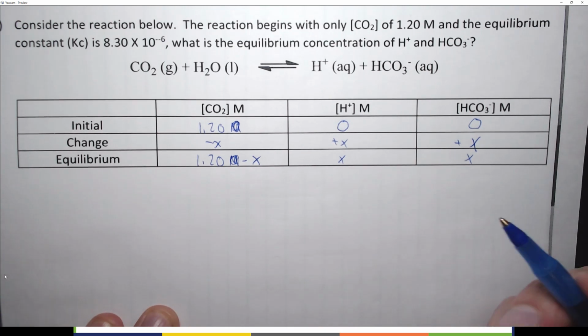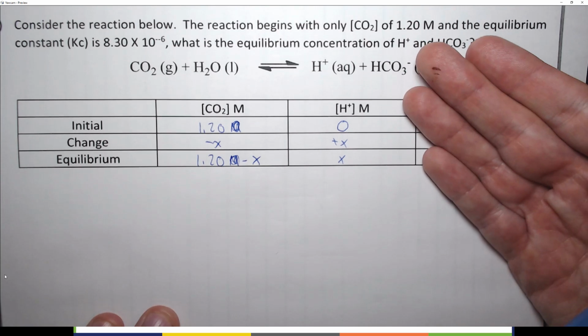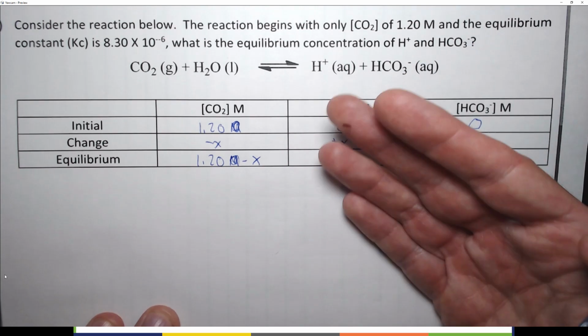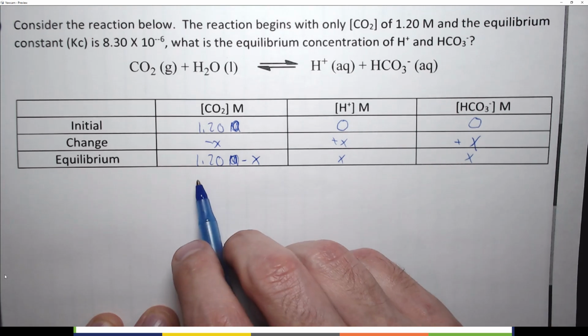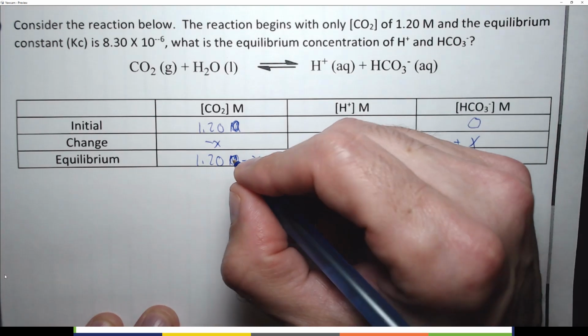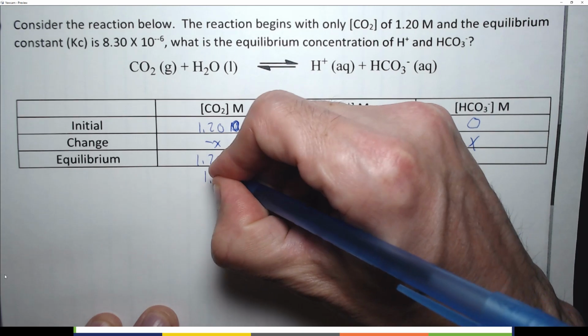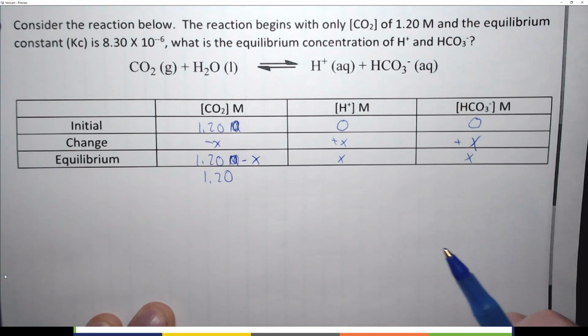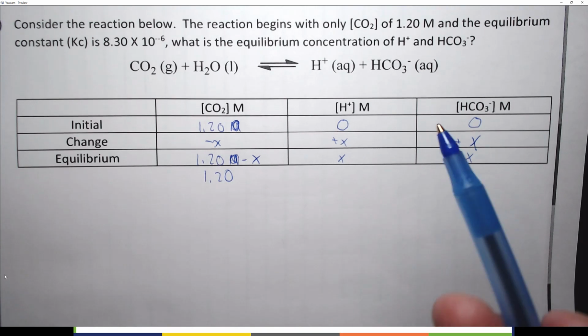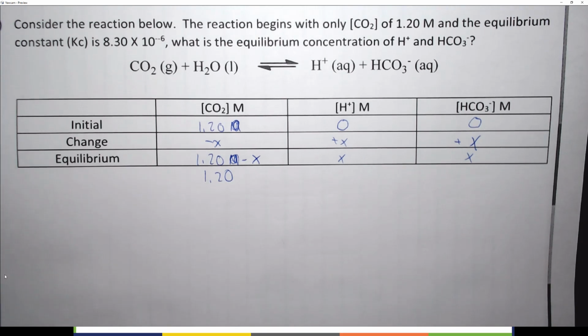To simplify the math, this is already an important thing to learn, and this applies to many other chapters, and I'd rather focus on this than on relearning the quadratic equation. So I'm just going to call this 1.20, and ignore this x. I'm going to assume it's less than 5%, and I pick examples where it is less than 5%.